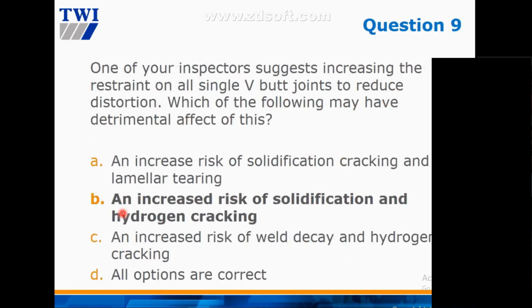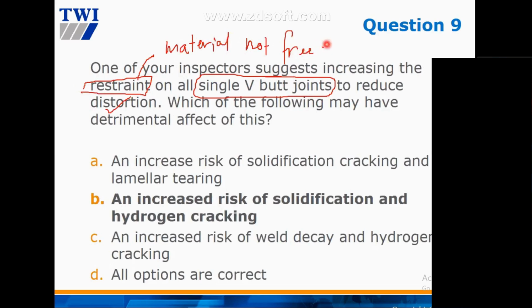All right, 9. One of your inspectors suggests increasing restraint to reduce distortion in single V butt joint. We understand restraint means the material is not free to move.